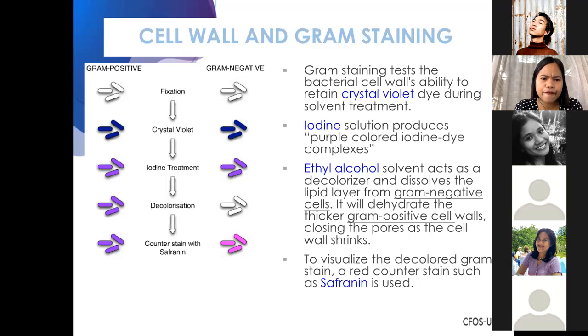What would be the effect if you use old cells? For example, in the case of a gram-positive bacterium, if you use old cells in gram staining, what is the effect? Anybody want to share?